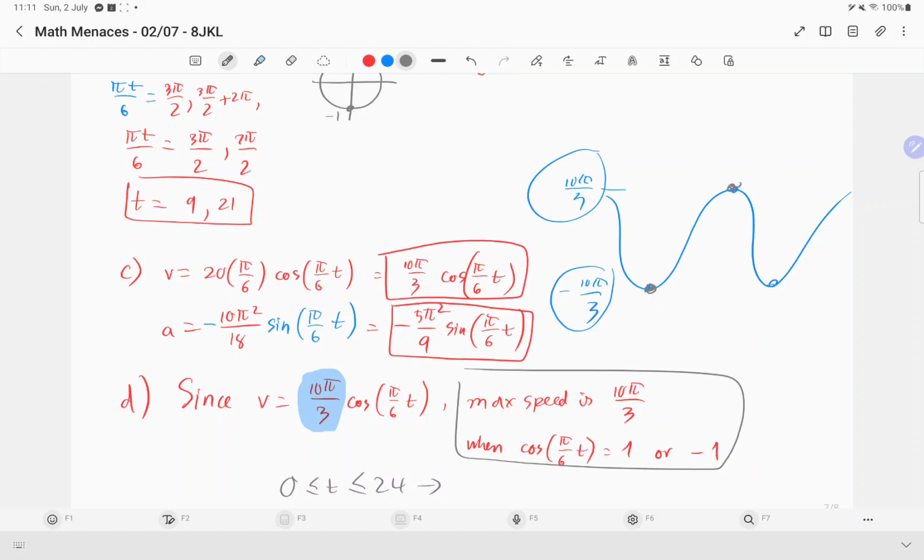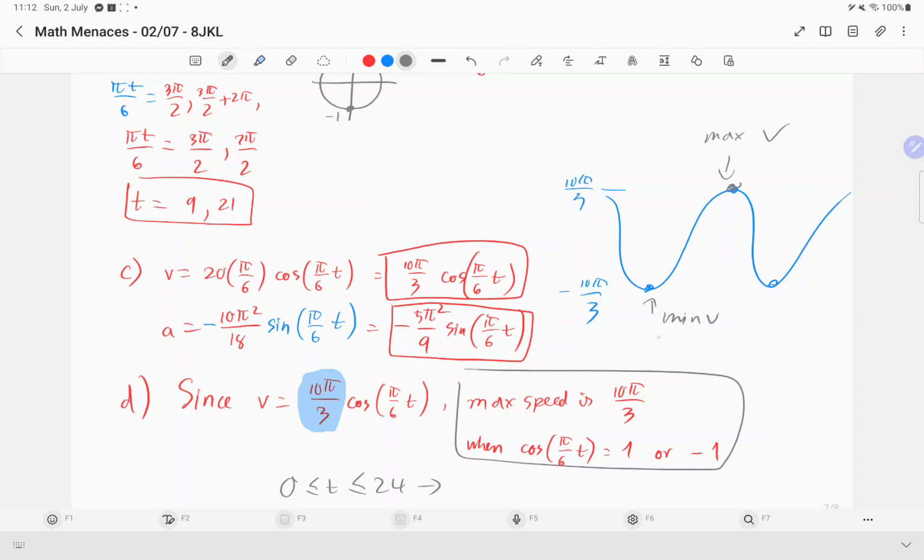So maximum speed is the same as the maximum and the minimum velocity. Does it make sense? Yeah, I'm too overwhelmed. So note that maximum velocity is the top point. At the top, this one would be max velocity, and this one would technically be minimum velocity.